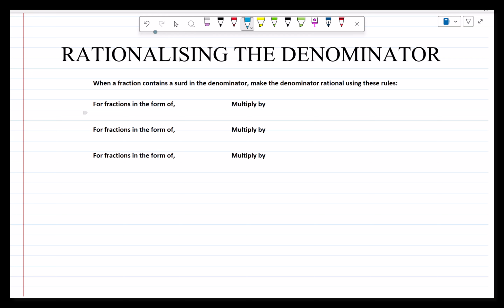Rule number 1, for fractions in the form of k over root b, you multiply by root b over root b. Rule number 2, for fractions in the form of k over a plus root b, you multiply by a minus root b over a minus root b.